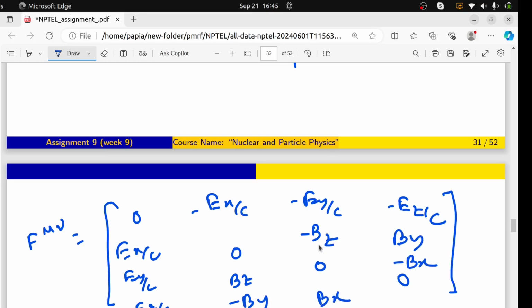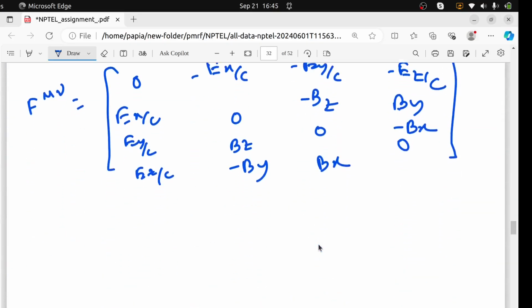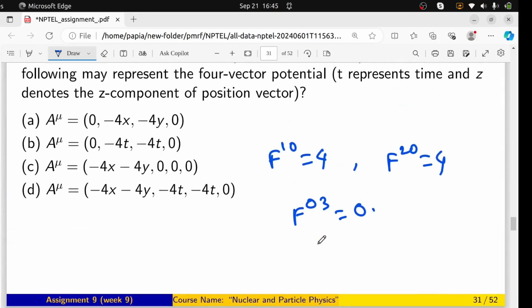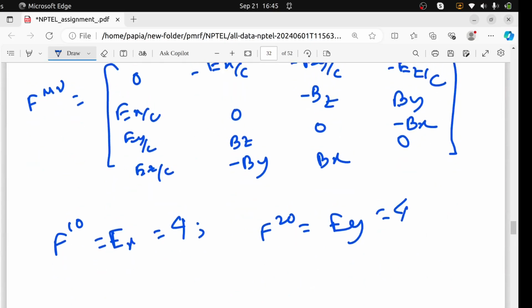So now F10: this is 0, this is 1, so 1 0 means Ex. Ex is given as 4. Now F20, 0 1 2, so Ey is also given as 4. And F03, that means 0 1 2 3, so it is minus Ez by c, that is 0.